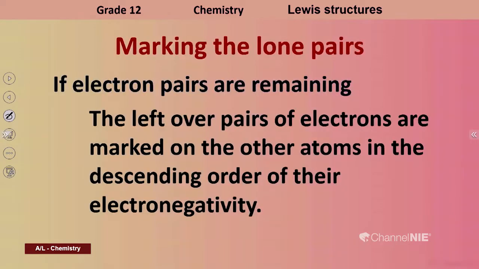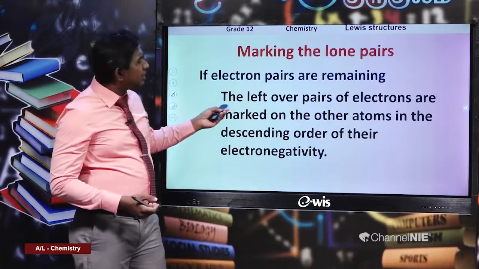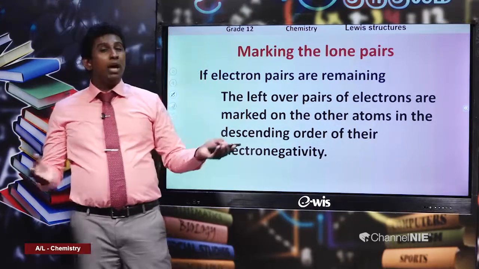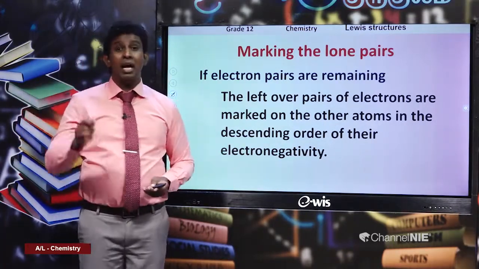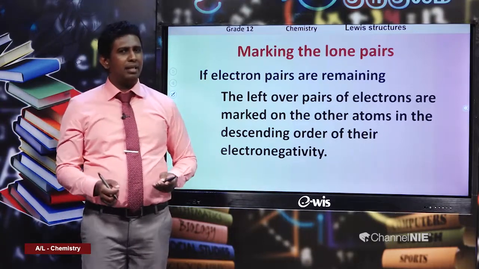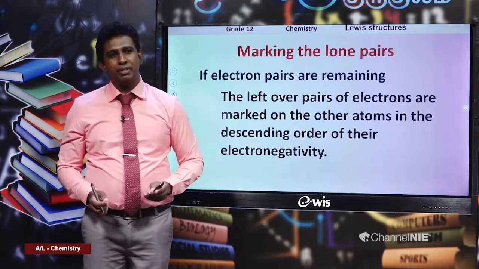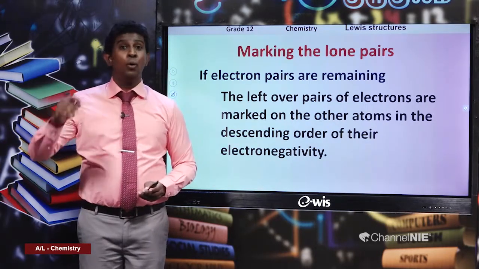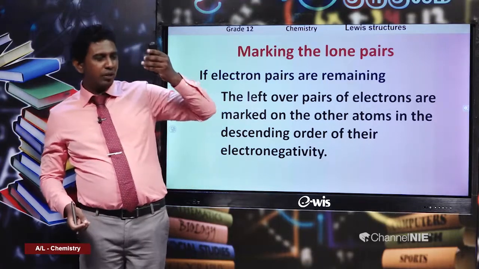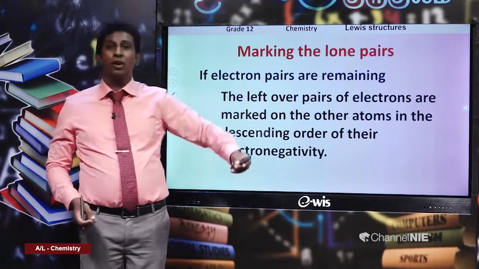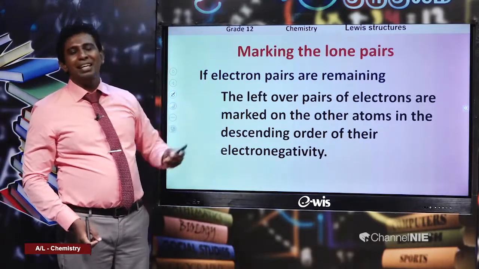Okay. Then students, we have discussed these things. When you have pairs remaining, you make sure you are placing those pairs as completing octets on those atoms. First you go for the most electronegative atom. Then in descending order of their electronegativity, you fill in those electron pairs.